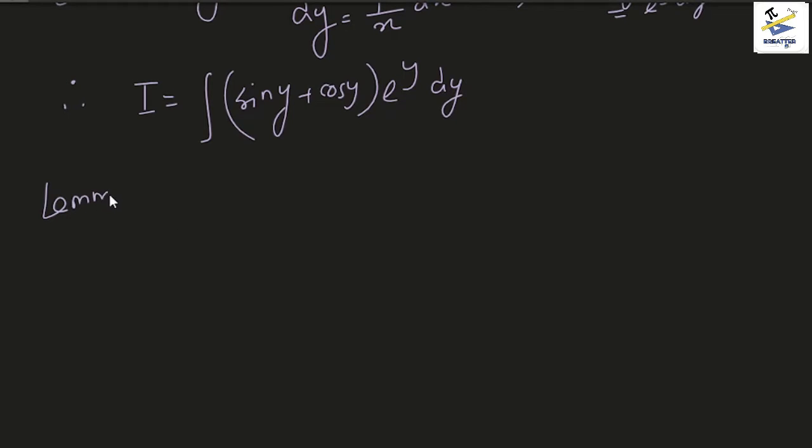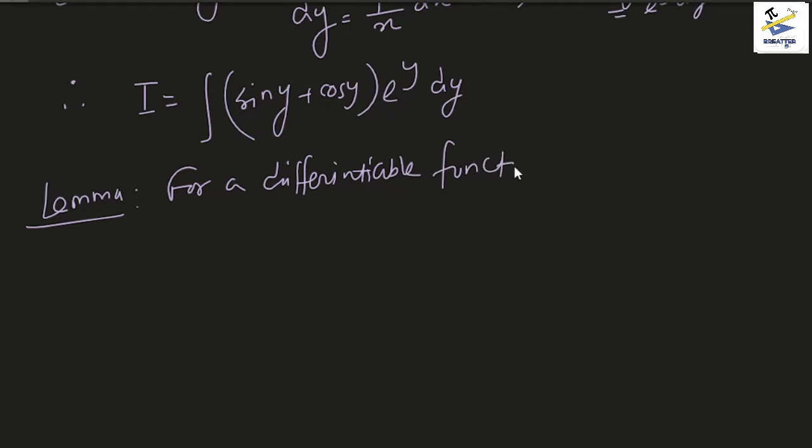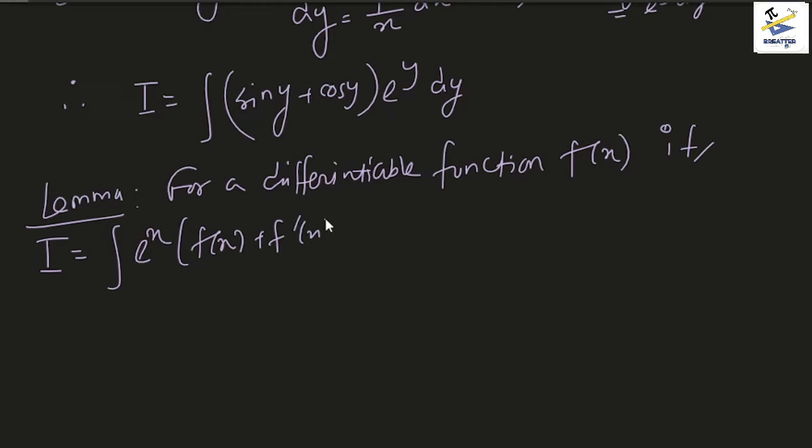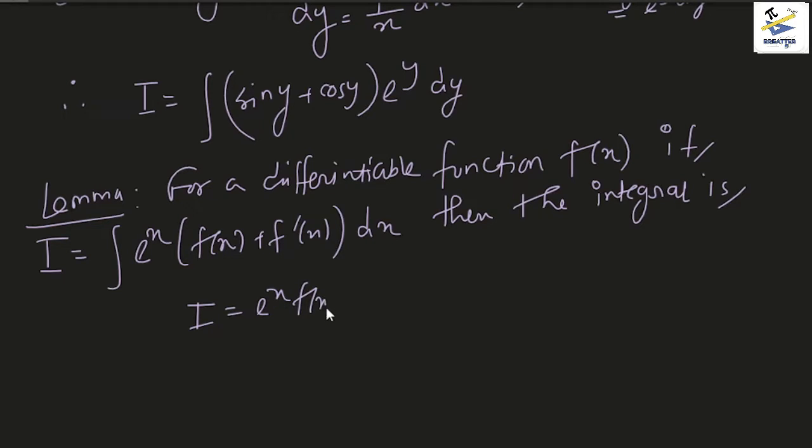So lemma: for a differentiable function f of x, if I is equal to the integral of e to the power x into (f of x plus f dash x) dx, then the integral is I equals e to the power x into f of x plus c.